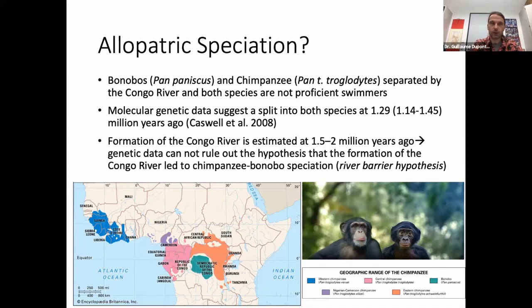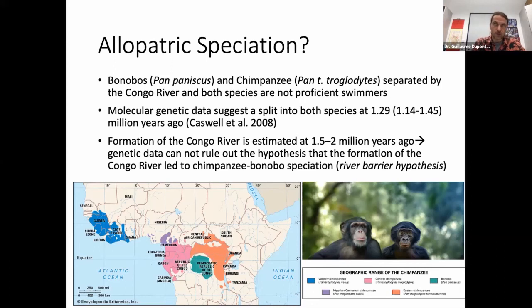And they are separated by the Congo River, which is a large river. Chimps and bonobos are not good swimmers, and I think they mostly avoid deep water. And the Congo is a huge river, so it's a very effective barrier to dispersal. And the formation of the Congo River is estimated at 1.5 to 2 million years ago. I'm not so sure how well established this age is. This is what the literature is saying.